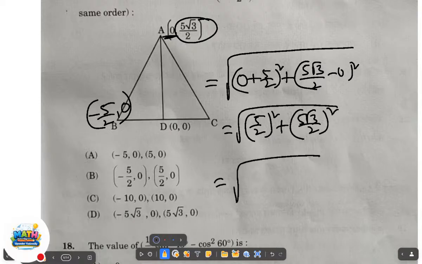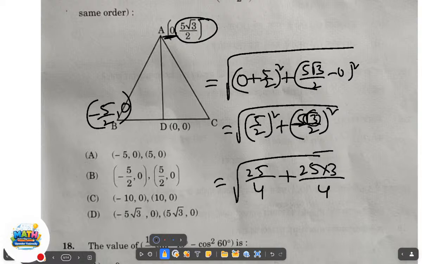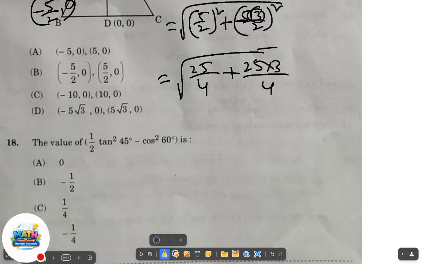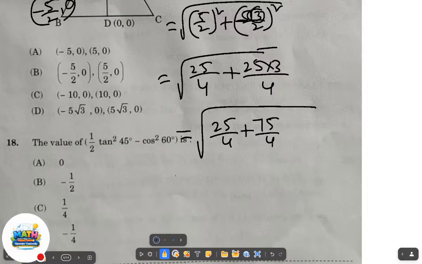Now 5 by 2 whole square is 25 by 4, and 5 root 3 by 2 whole square: 5 square is 25, root 3 whole square is 3, and 2 square is 4. So under root of 25 by 4 plus 75 by 4.